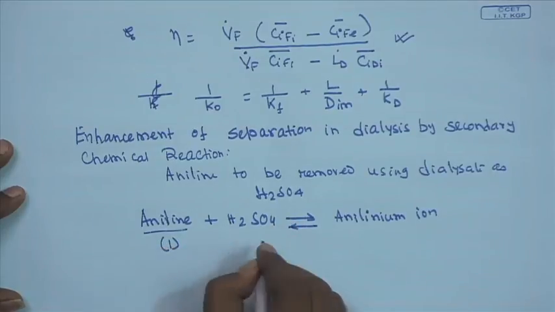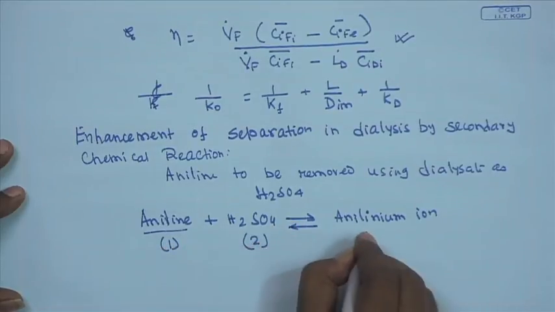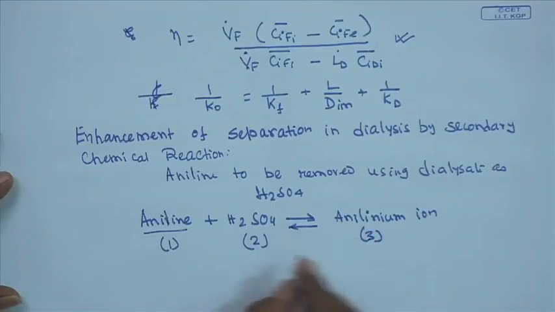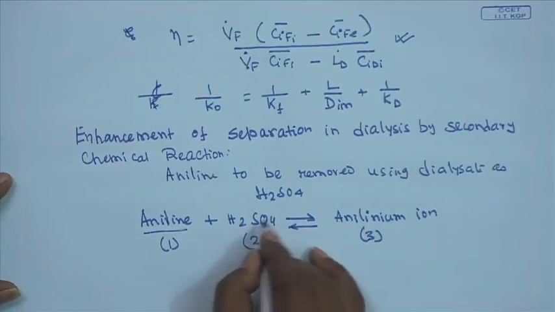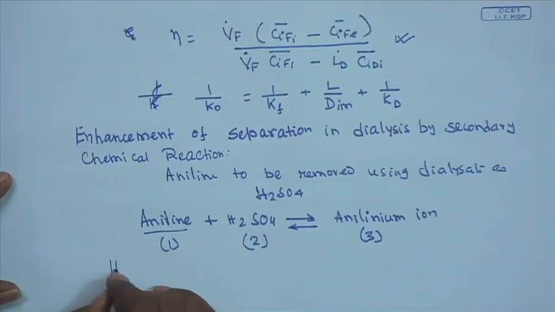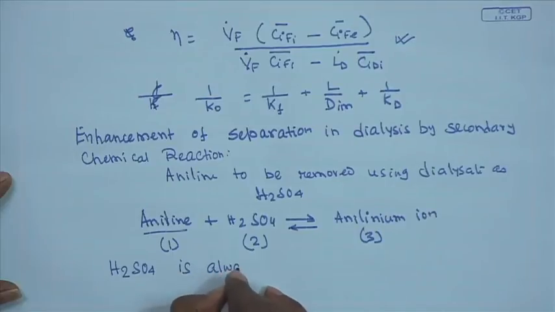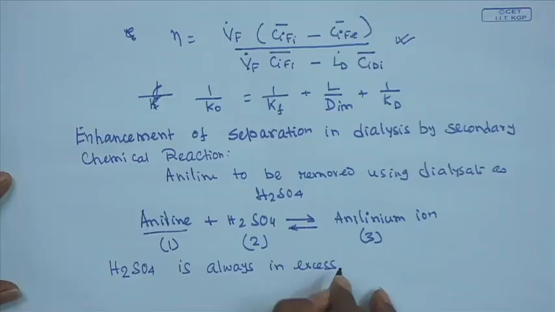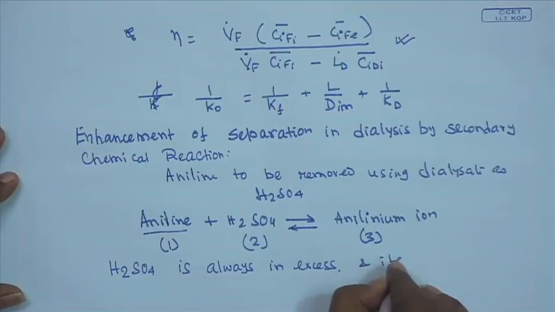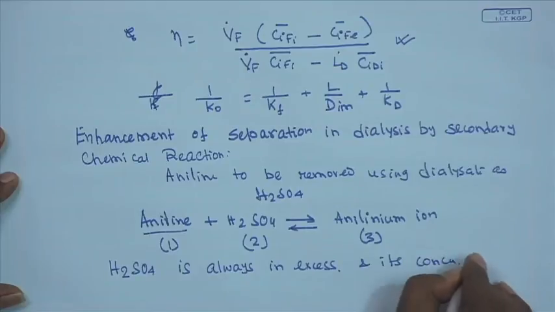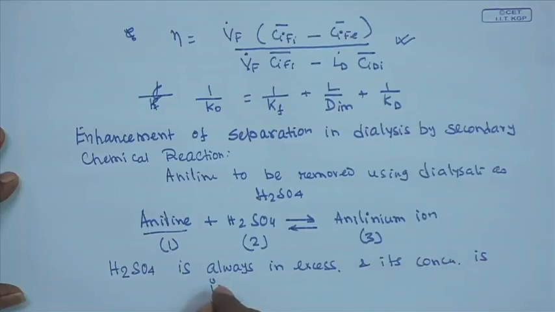We call aniline component 1, sulfuric acid component 2, and the anilinium ion component 3. Sulfuric acid, component 2, is always in excess in the dialysate side, which means the concentration of sulfuric acid is constant and invariant with time.